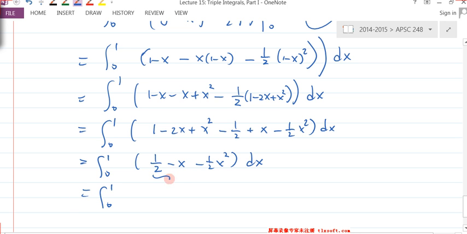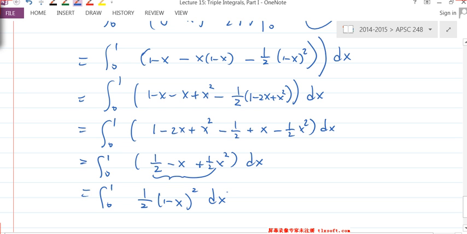From here, a positive 1 half, yes? Oh yes, of course, positive, good. So from here, you actually can do one more step of simplification. And this equals 1 half 1 minus x, bracket squared. Okay, this equals this.